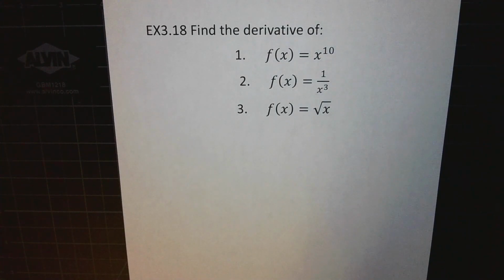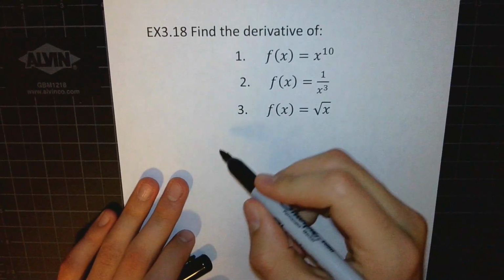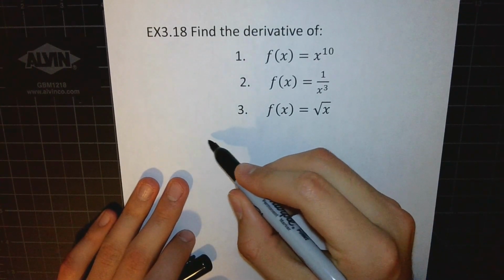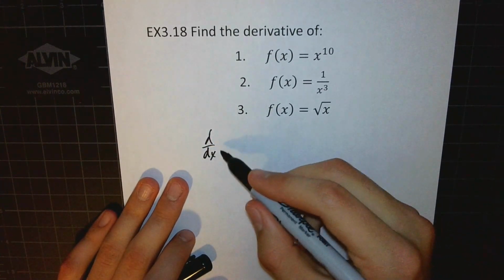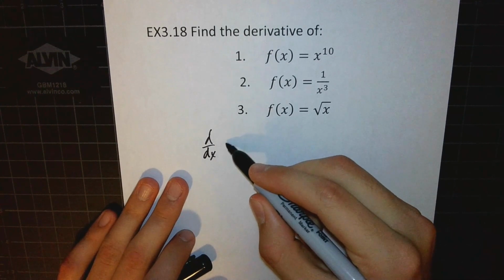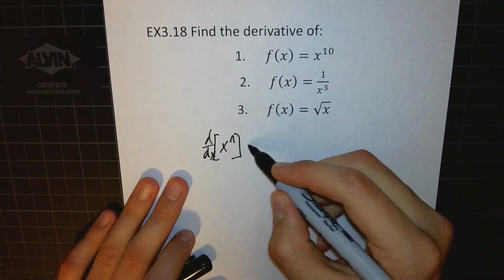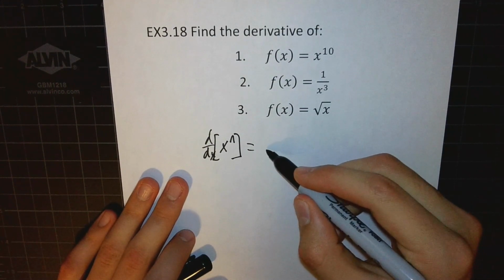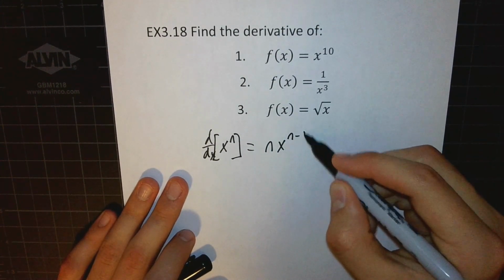All right, so here are our power rule examples. We'll start off with our first one. We know that if we have the derivative of a power function, so let's say x to the n, then this is going to be equal to n times x to the n minus 1.